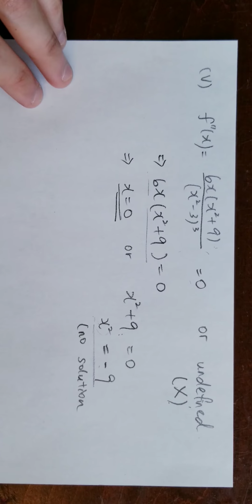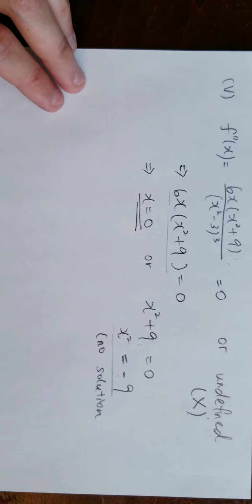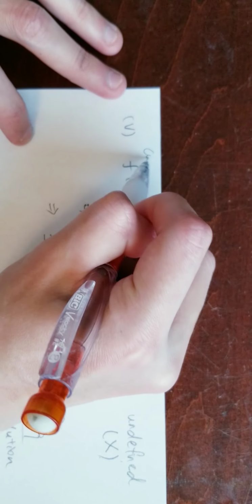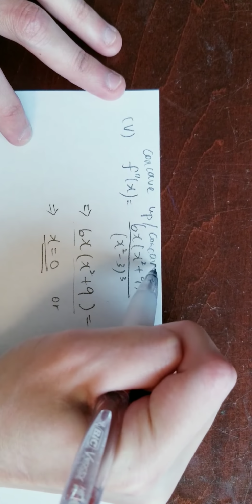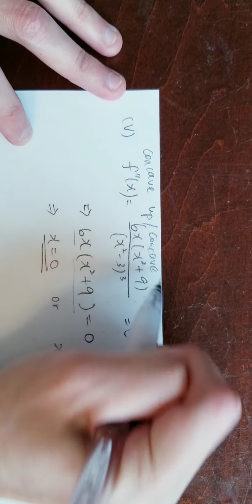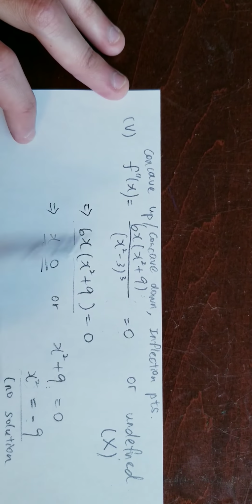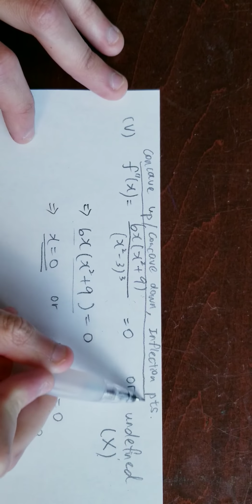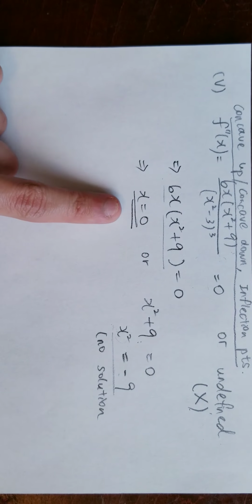And now what do we do? Oh, I should probably say that we are trying to figure out where it is concave up, concave down, and where the inflection points are. This is the only candidate for inflection points.